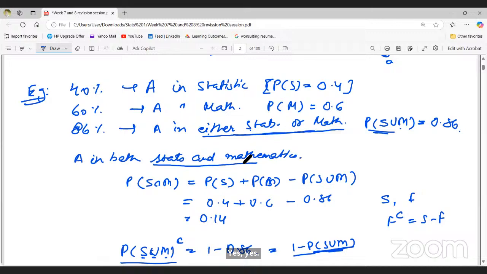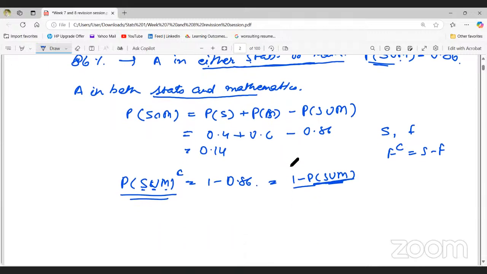The formula is P of E complement equals 1 minus P of E, and this is only possible when E and E complement are mutually disjoint. We cannot write this until we know that.